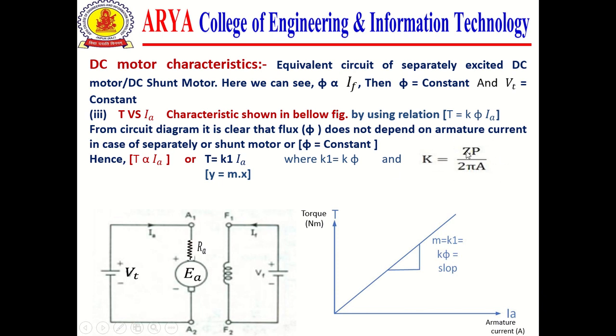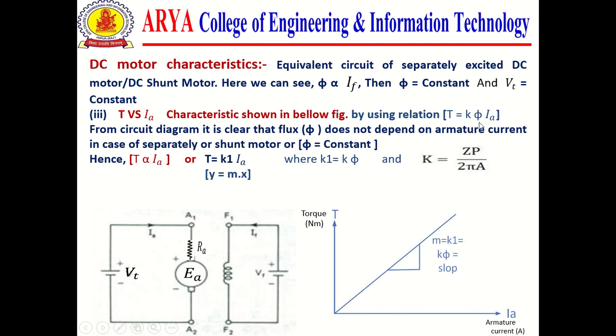Z is the total number of conductors, P is the number of poles, and A is the number of parallel paths, depending on the type of winding, wave winding or lap winding of the DC motor. So look at this relation.